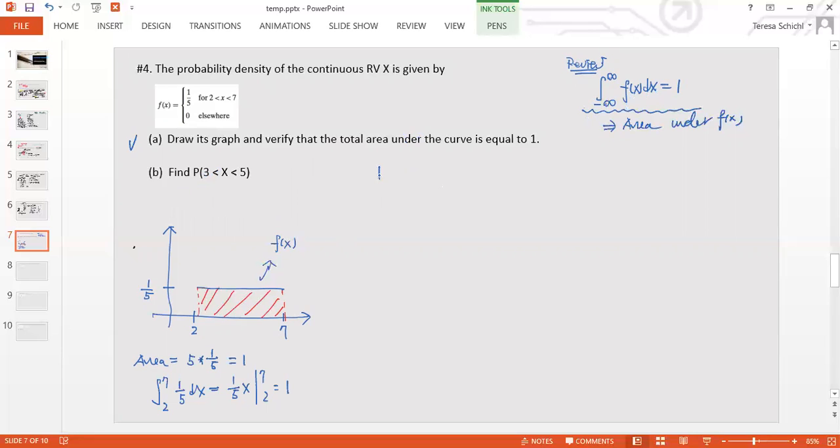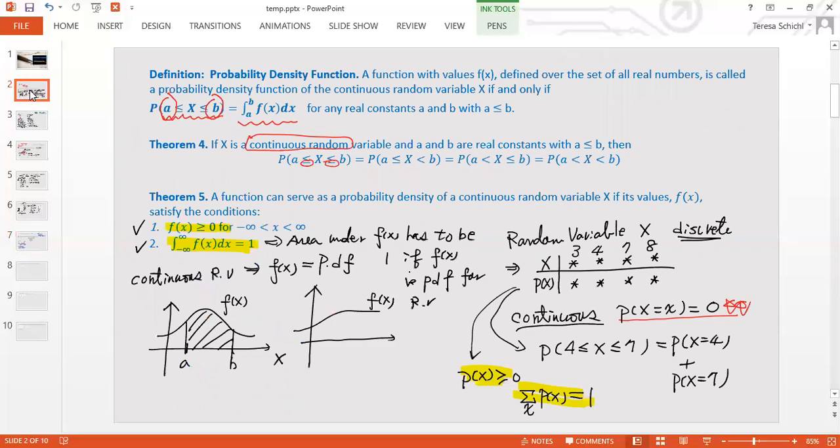So in part B, this is the probability from 3 to 5. Of course, you can say this is just the integration from 3 to 5 of 1/5 dx. Remember, that's what we defined. So if you go back, I think here, right?